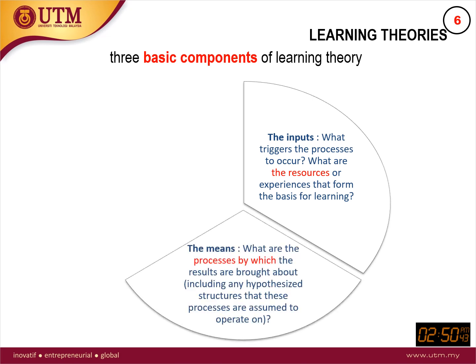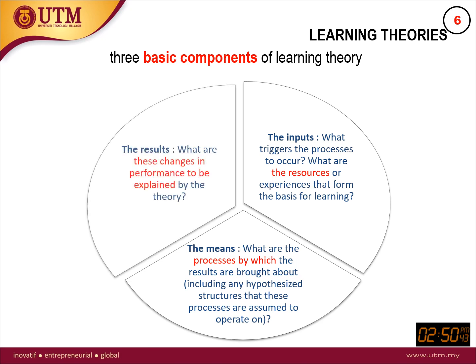And then second, we have the means, which is like a medium of communication. These are the processes by which the results are brought about, including any hypothesized structures that these processes are assumed to operate on, which simply means how we are going to conduct it, which channel, what media we are going to use to transfer the inputs that we have to our students.